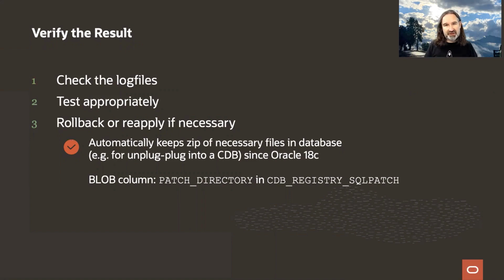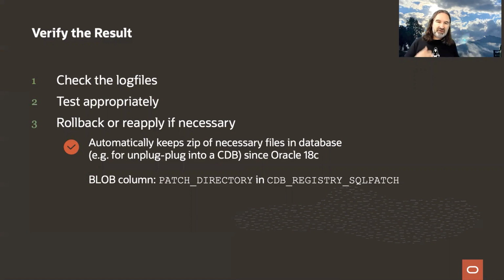One important thing is, when you have pluggable databases, and you unplug and plug, since 18C, the PDB in the CDB registry SQL patch or DBA registry SQL patch has a new column called patch directory. And in this column, there's a blob, and this contains the SQL changes.